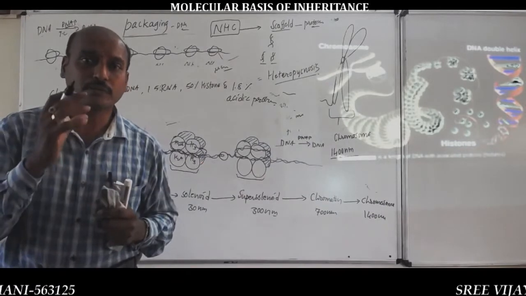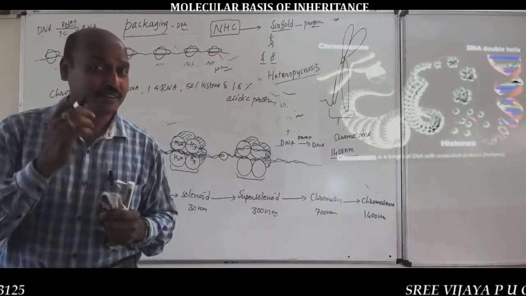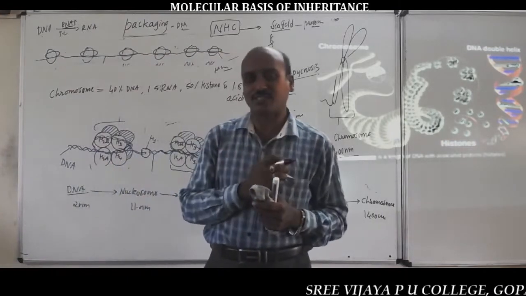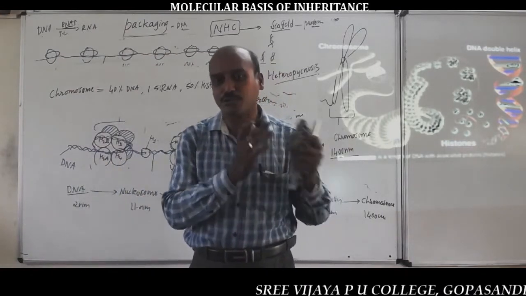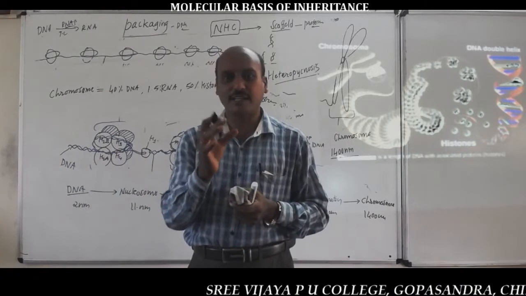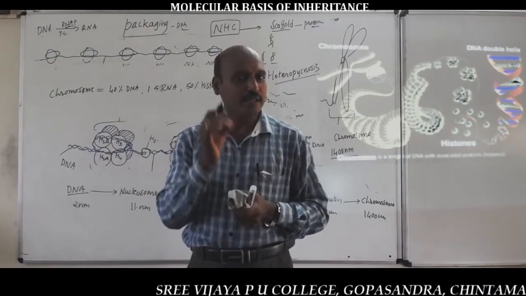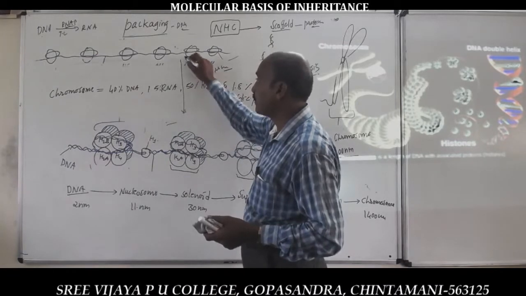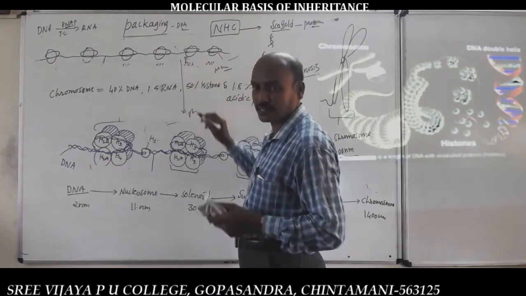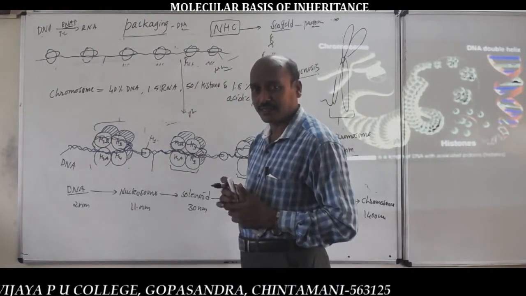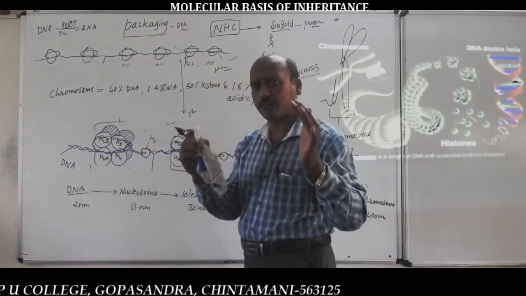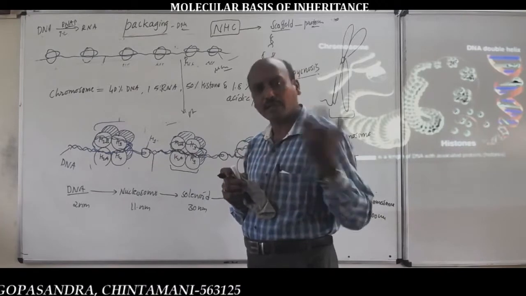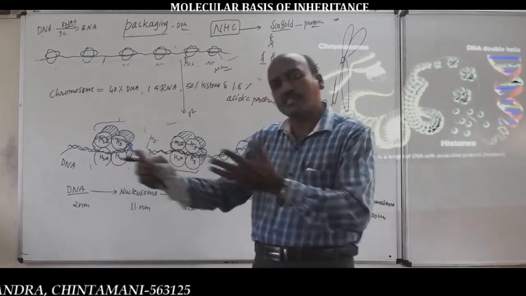Now, this kind of DNA present inside the nucleus in the form of chromosomes is mainly responsible for transmission of characters from parents to offspring, generation to generation. This is the main function of DNA. In addition to this major function, some sub-functions are there.